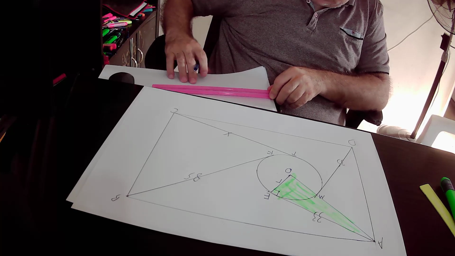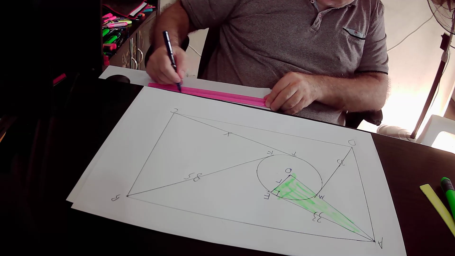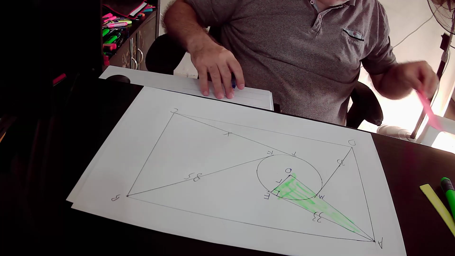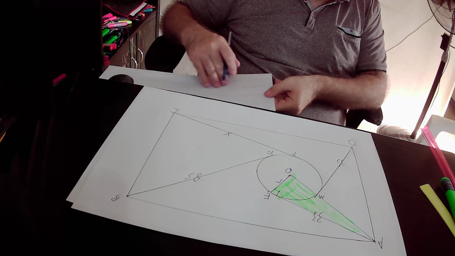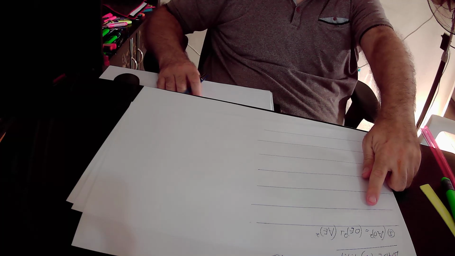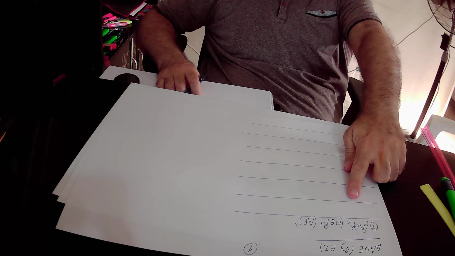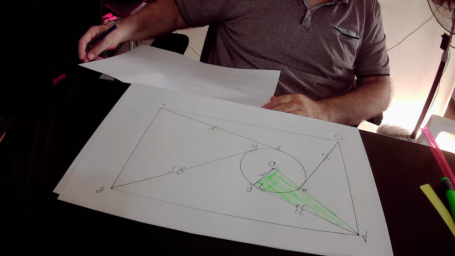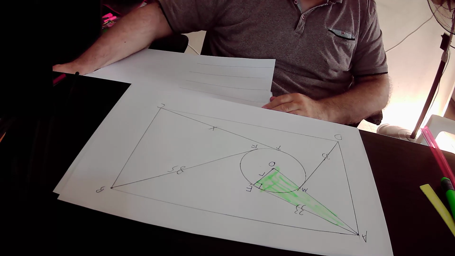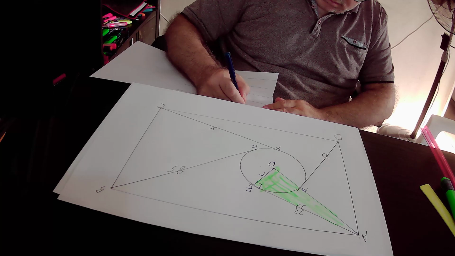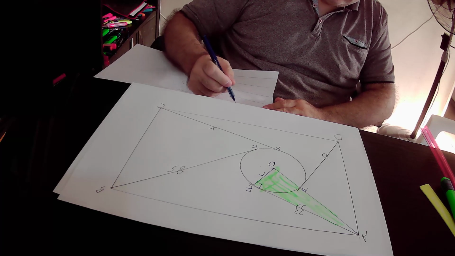I repeat again, according to the Pythagoras theorem, in the green right triangle AOE, AO squared equals OE squared plus AE squared. So AO squared equals OE squared.